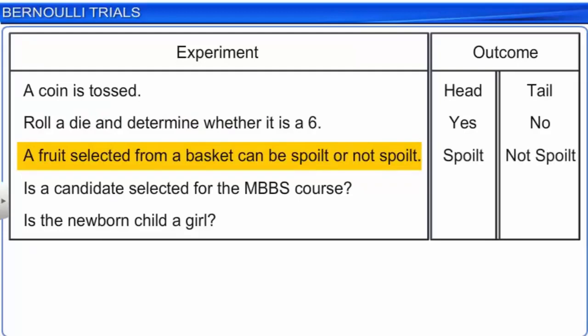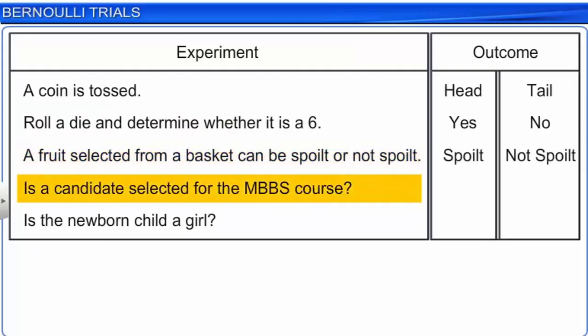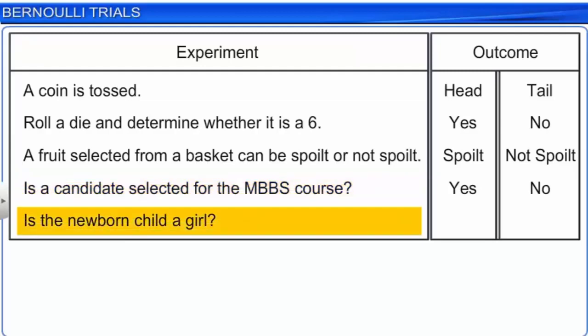A candidate can be selected for the MBBS course depending upon his or her performance in the entrance test. Thus, the answer to the question can be either yes or no. The newborn child can be either a girl or a boy.